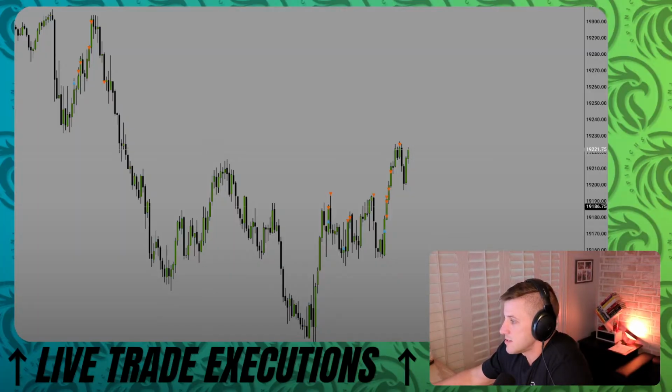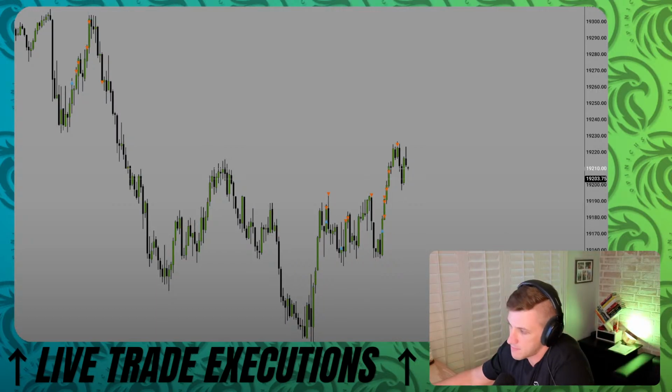There's your higher low to lift the trail. So trail goes into about 194.